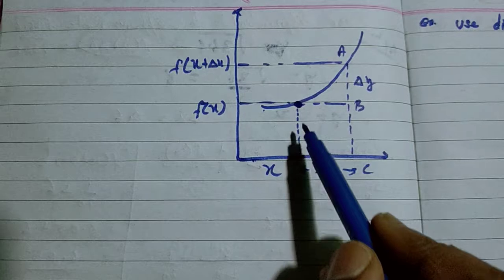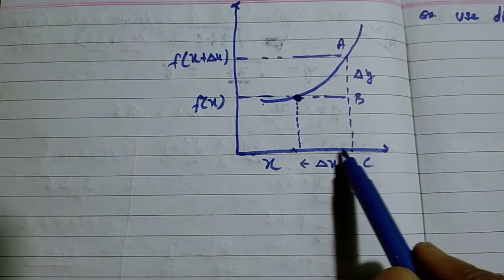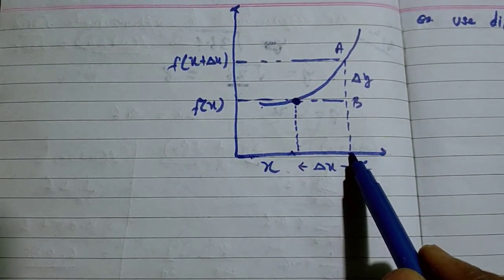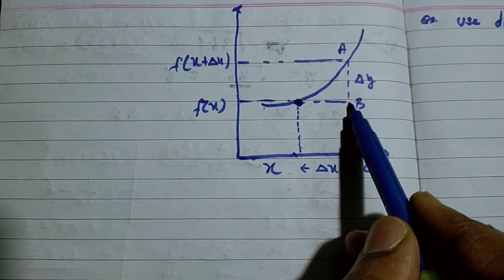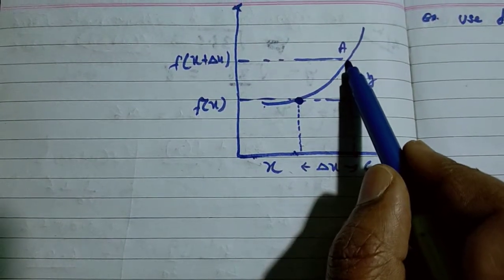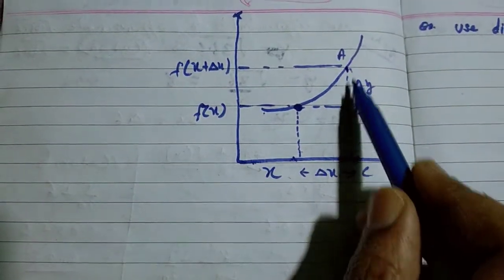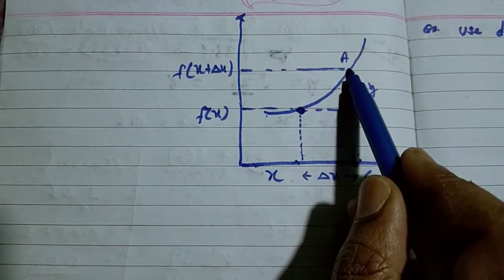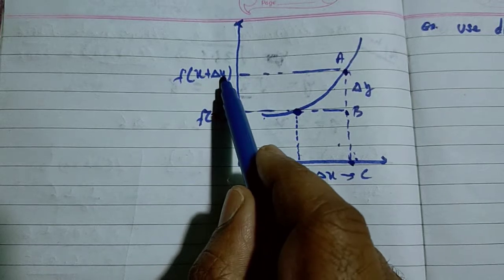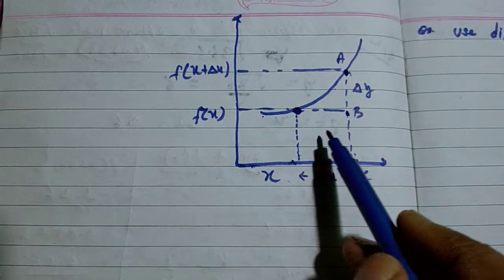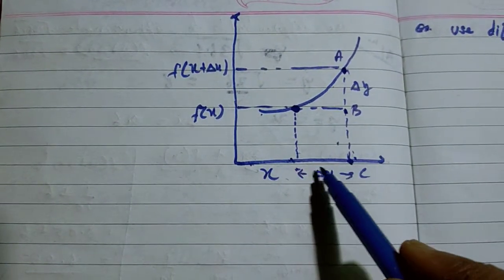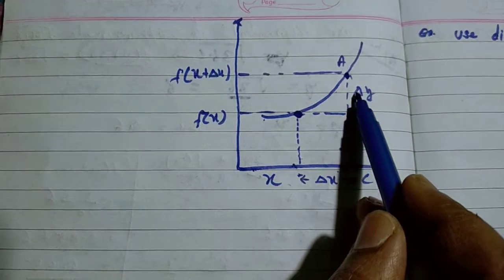Similarly, if there is change in x, that is delta x, so this height AC becomes f of x plus delta x. So due to change in x, that is delta x, what is the change in delta y?